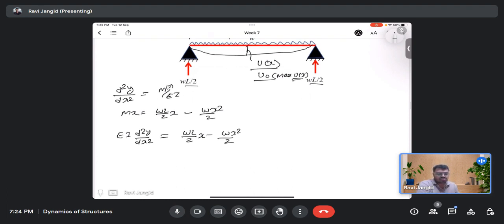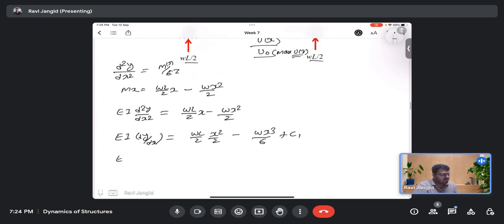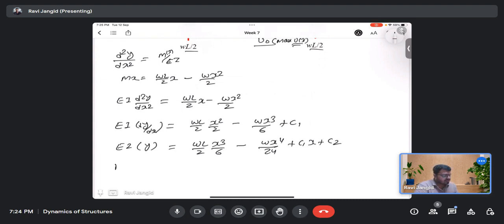So you need to do the integration. EI dy over dx becomes w L by 2 into x square by 2 minus wx cube by 6 plus a constant C1. Then again integrate to find y. So EI y is wL by 2 into x cube by 6 minus wx4 by 24 plus C1 x plus C2. So now we need to apply boundary conditions.